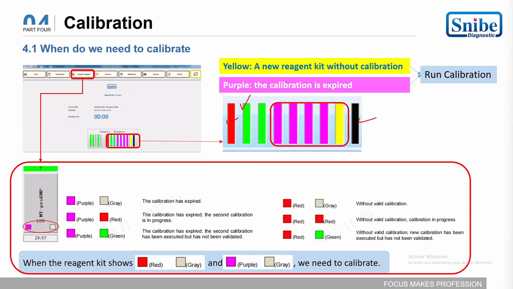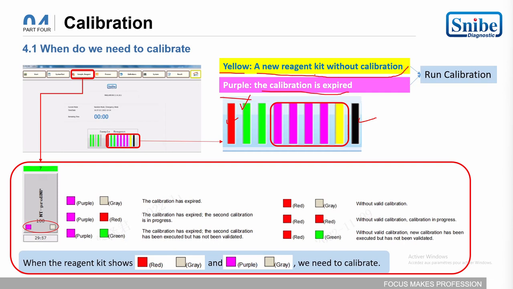Then we have two other colors, the yellow and the purple. The yellow means a new reagent kit without calibration, which means it needs calibration. And the purple means the calibration is expired. So the purple means it is not new. It is already used, but its calibration is expired and it needs another calibration.